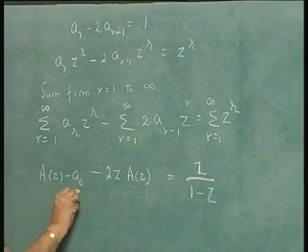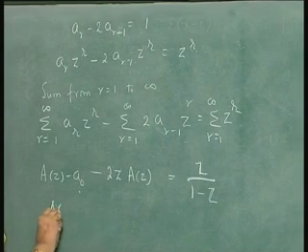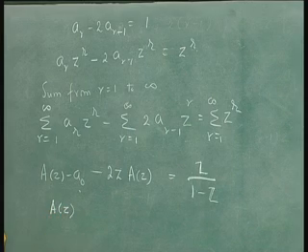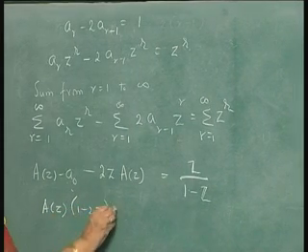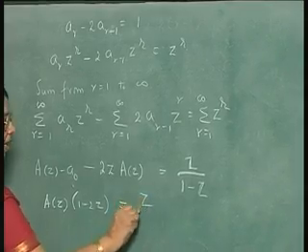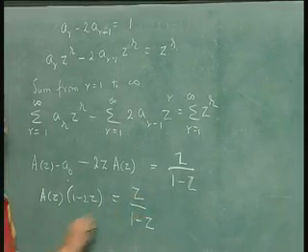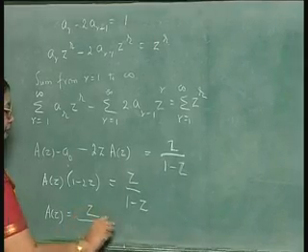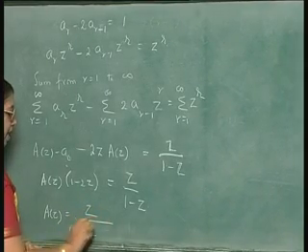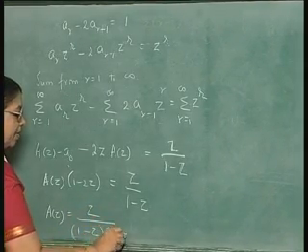Now, A naught is 0. So, this becomes A(z) into 1 minus 2z equal to z by 1 minus z, or A(z) is equal to z by (1 minus z) into (1 minus 2z).